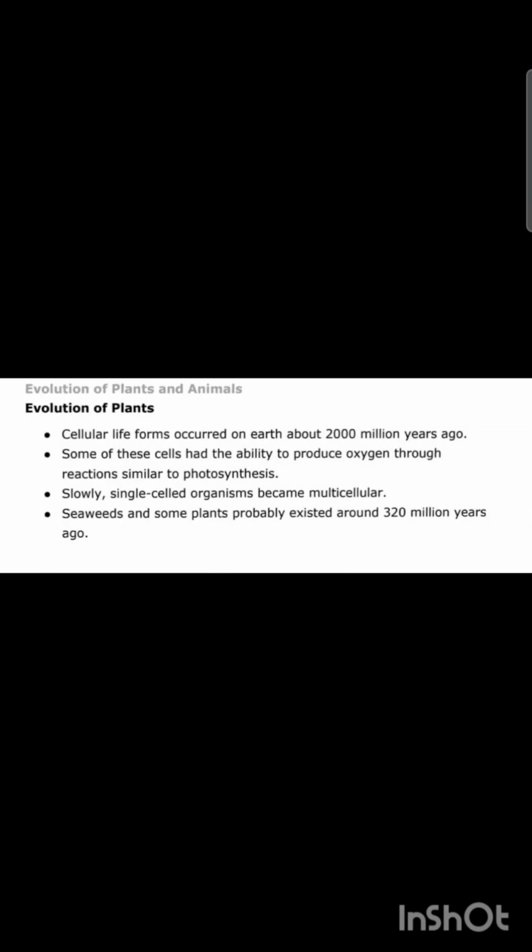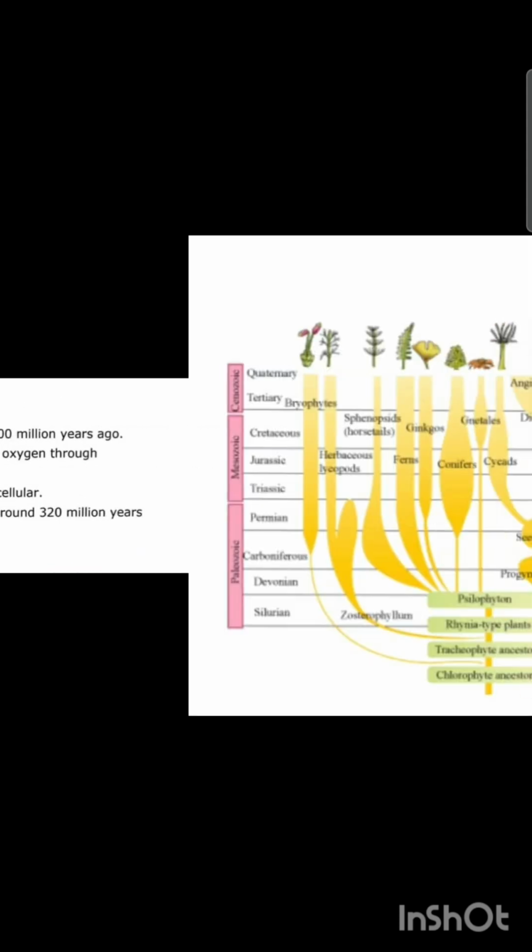Then evolution of plants and animals. Evolution of plants. Cellular life forms occurred on earth about 2000 million years ago. Some of these cells had the ability to produce oxygen through a reaction similar to photosynthesis. Slowly single-celled organisms became multicellular. Seaweed and some plants probably existed around 320 million years ago.